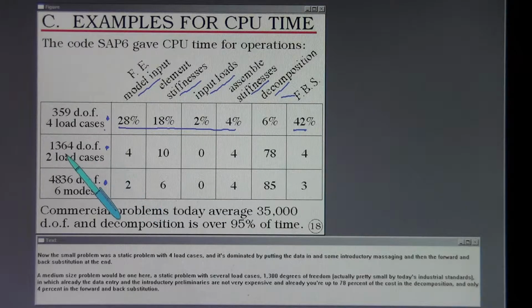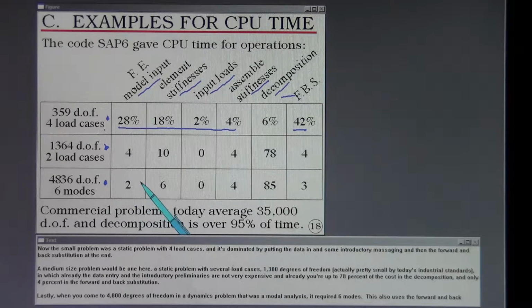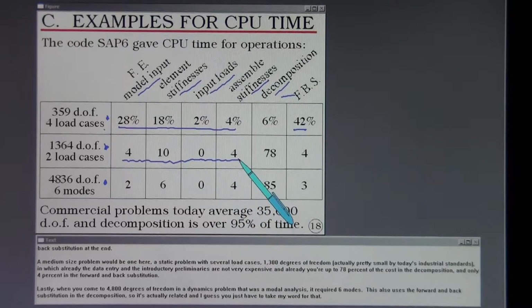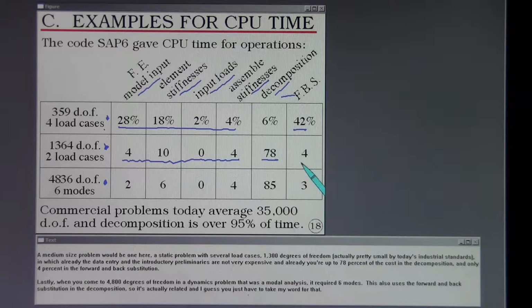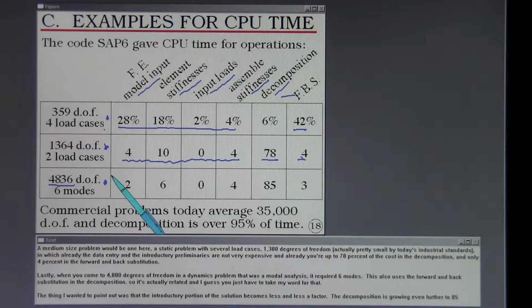A medium-sized problem would be one here, a static problem with several load cases, 1,300 degrees of freedom, actually pretty small by today's industrial standards, in which already the data entry and the introductory preliminaries are not very expensive, and already you're up to 78% of the cost in the decomposition and only 4% in the forward and back substitution. Lastly, when you come to 4,800 degrees of freedom in a dynamics problem that was a modal analysis, it required 6 modes.